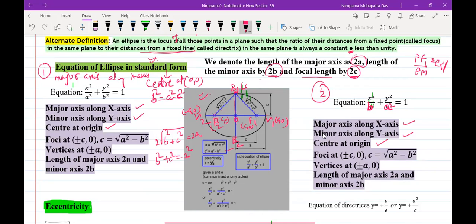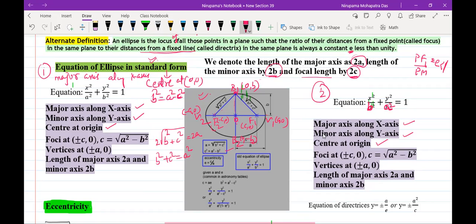B1 coordinates are (0, b) and here it is (0, −b). So it shows the ellipse is symmetric about its axes. I mean the major axis and minor axis divide the ellipse into four equal parts, four portions of equal area.